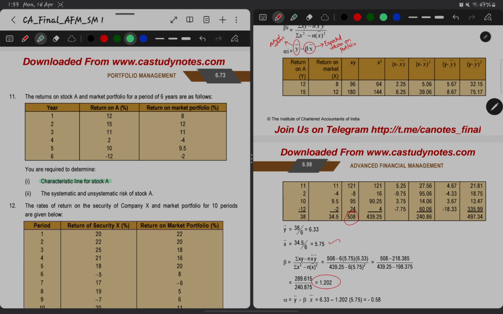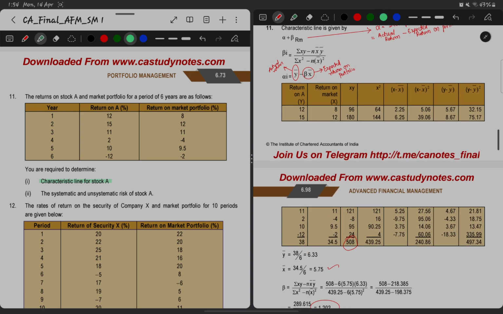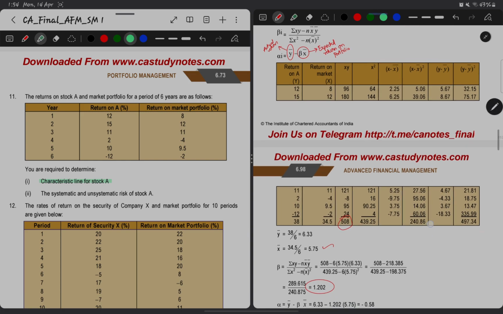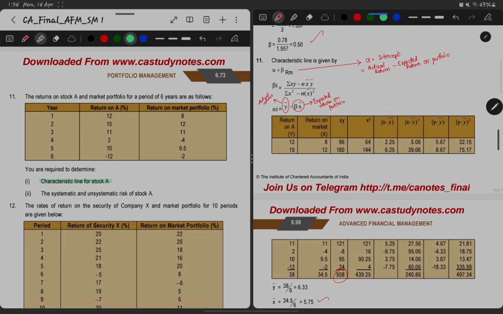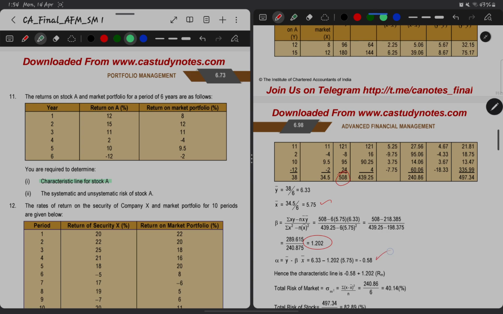1.202. The next step is to calculate the characteristic line, wherein we require the alpha portion. As we found, the expected return of A is 6.33. So 6.33 minus beta into expected return on market 5.75 gives us 0.58. Hence the characteristic line is minus 0.58 plus 1.202 multiplied by the market return.